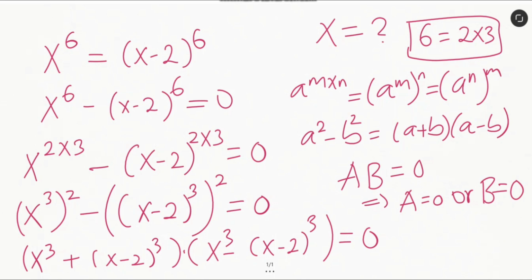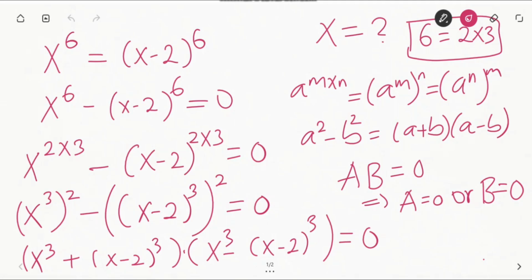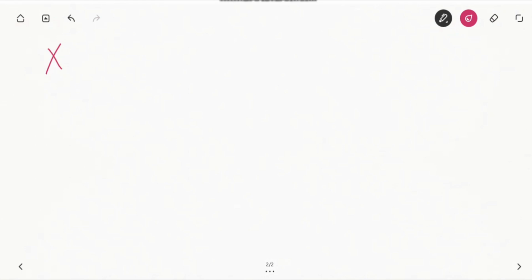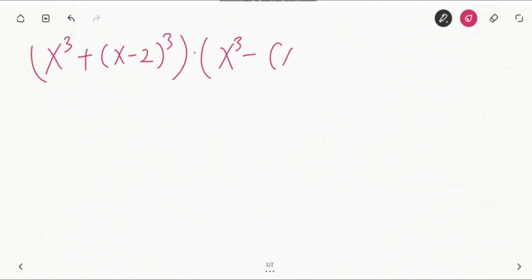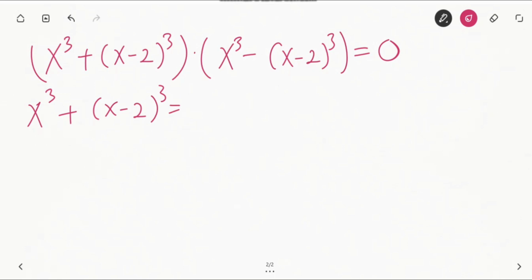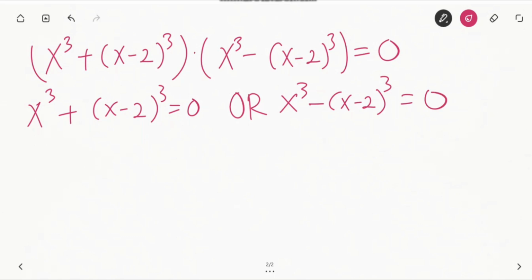So from here we have x to the power of 3 plus (x minus 2) to the power of 3, multiplied by x to the power of 3 minus (x minus 2) to the power of 3, everything equals 0. So either x to the power of 3 plus (x minus 2) to the power of 3 equals 0, or x to the power of 3 minus (x minus 2) to the power of 3 equals 0. Let's call this case 1.